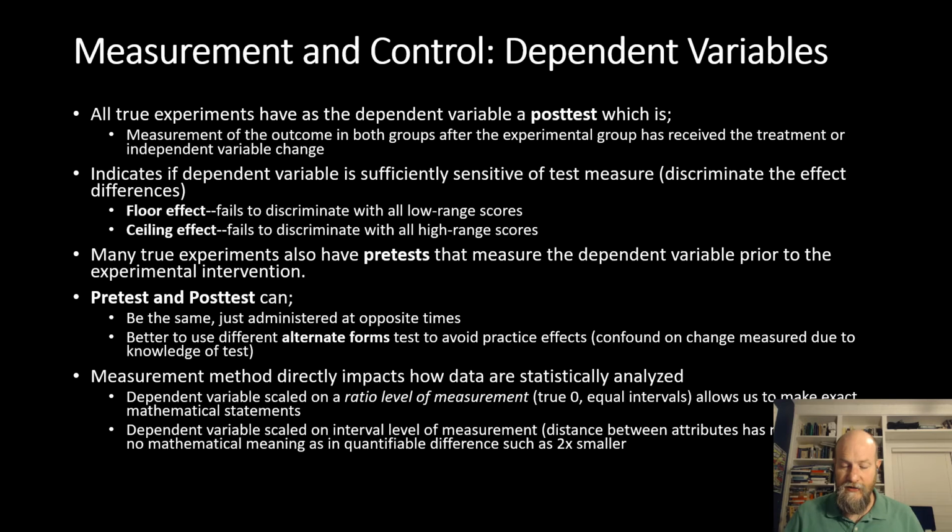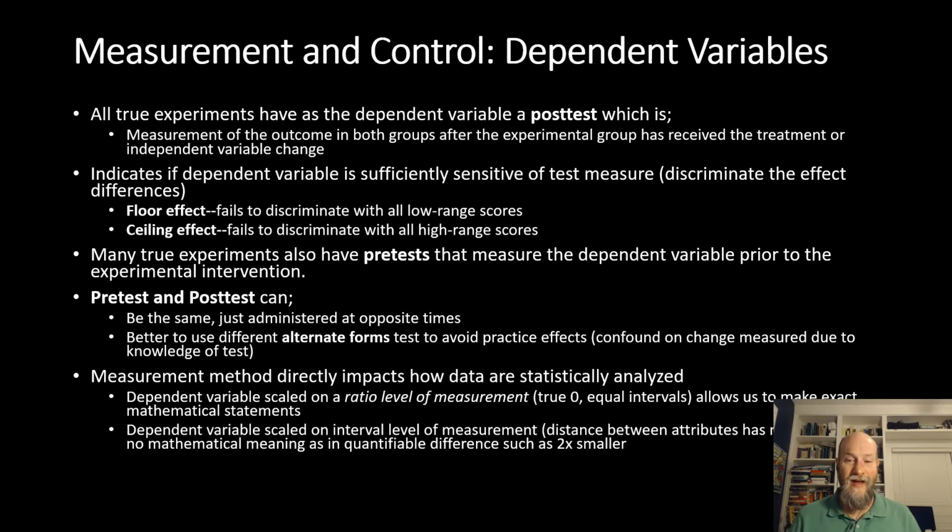So in a pretest post-test design, I should say, you have that initial pretest measurement and then you have this post-test measurement. In some cases, the pretest and the post-test, the measurement of the dependent variable, the test can be the same, just administered at opposite times, right? The same test can be given as a pretest and as a post-test, but you've got to consider there's the practice effect we discussed in a previous lecture.